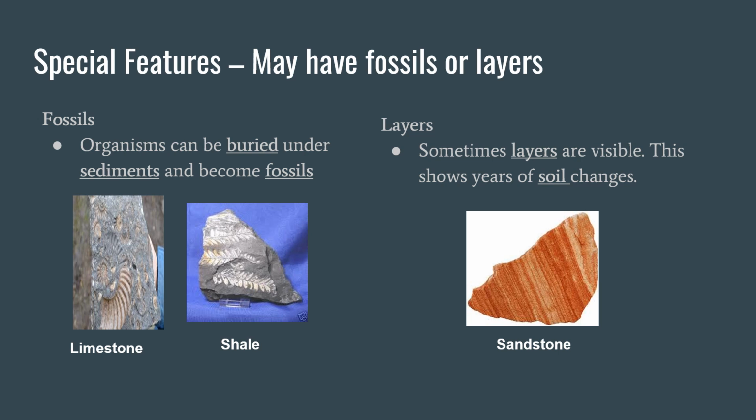There are a couple of special features about sedimentary rocks. They are the only rock that can have fossils in them, and they're the only rock that will have actual layers in them.